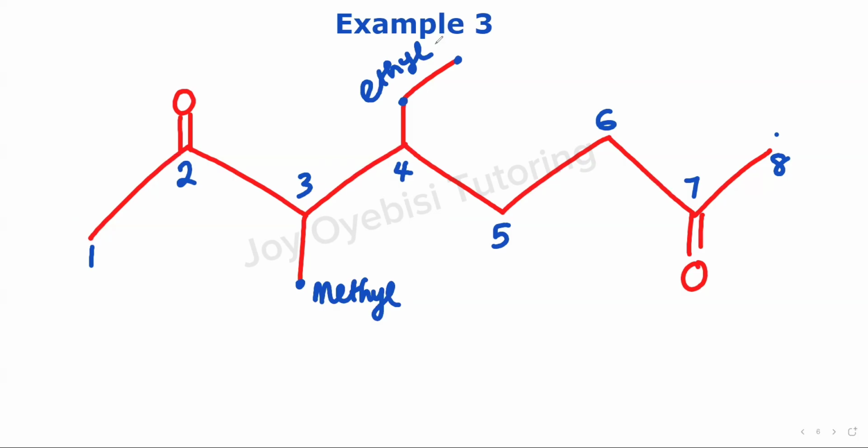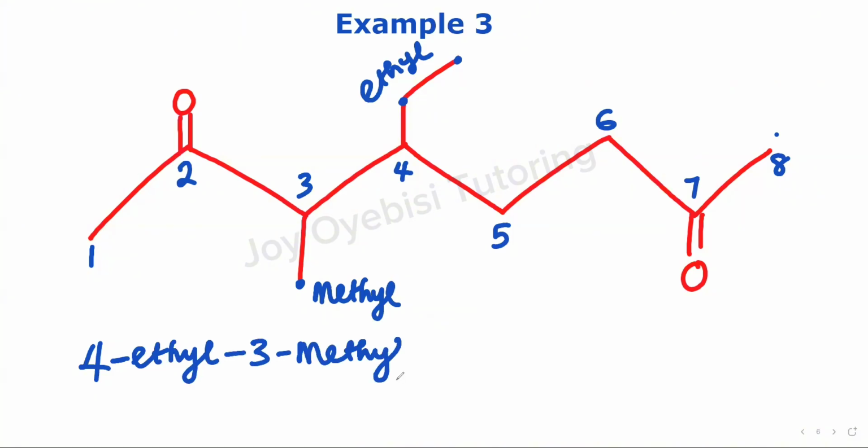And in this case, we have 2 different groups attached. You have to name alphabetically. So we're starting with ethyl because E comes before M alphabetically. The position is 4-ethyl. And on carbon 3, you have the methyl group.